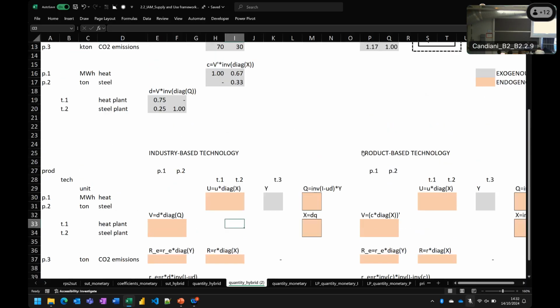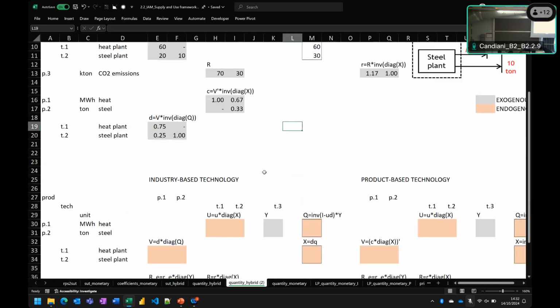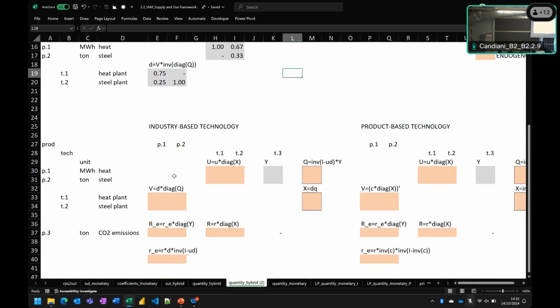That, by the way, in this case is the assumption that is supposed to be wrong, right? Because we are engineers, we know that a steel plant cannot provide tons of steel without producing heat, or that it cannot provide heat alone per se without producing steel. We are not technology experts, let's assume. So let's calculate also the result based on industry-based technology.